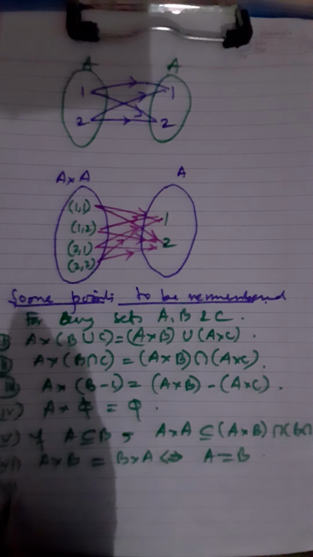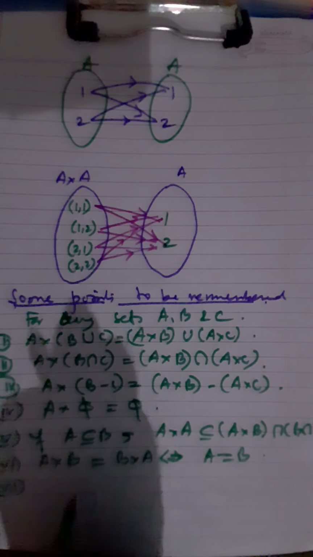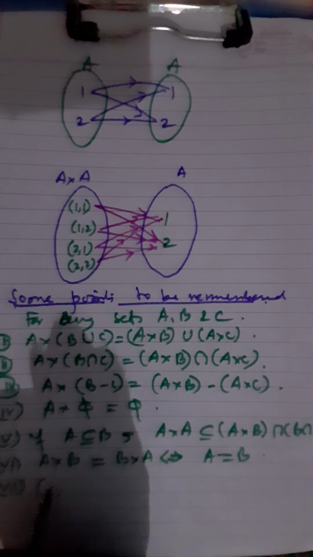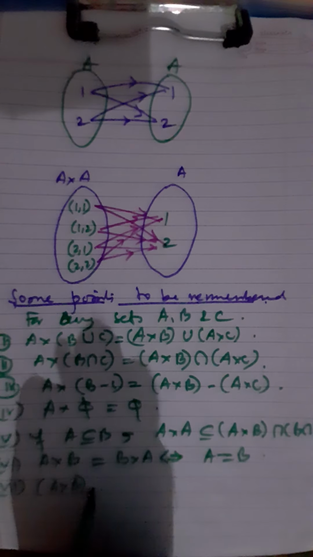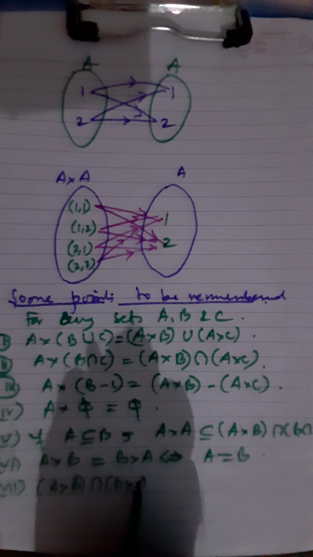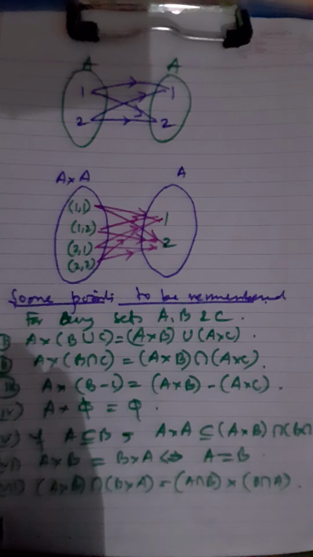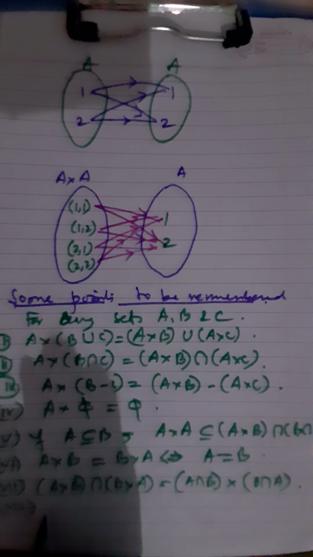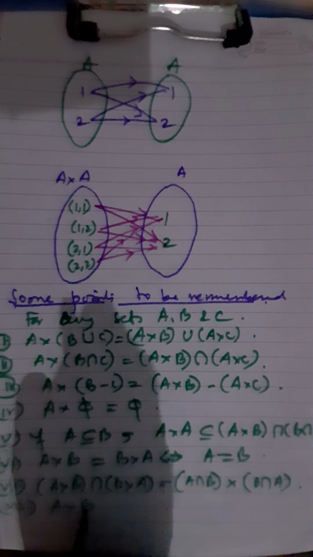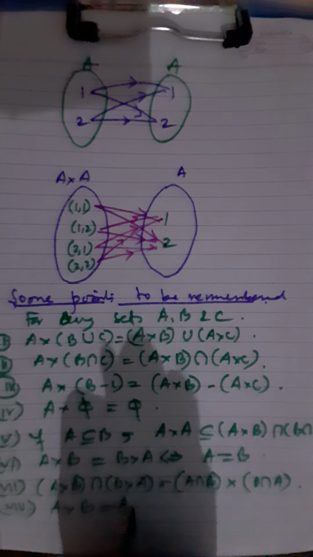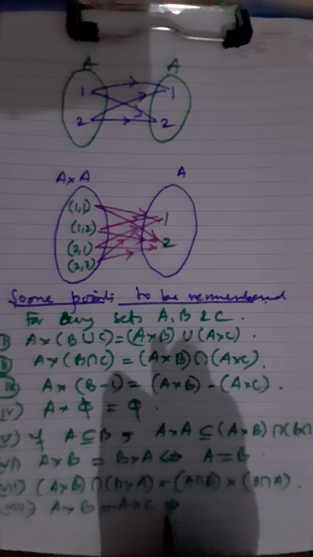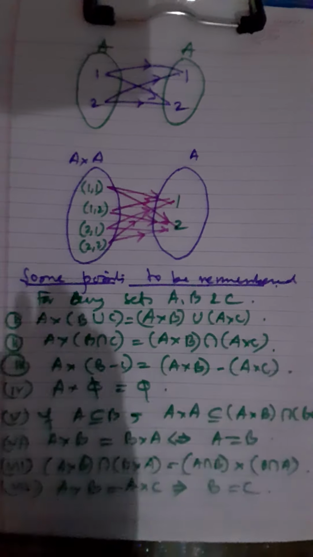Number 7: (A cross B) intersection (B cross A) is equal to (A intersection B) cross (B intersection A). Number 8: A cross B is equal to A cross C implies B is equal to C.